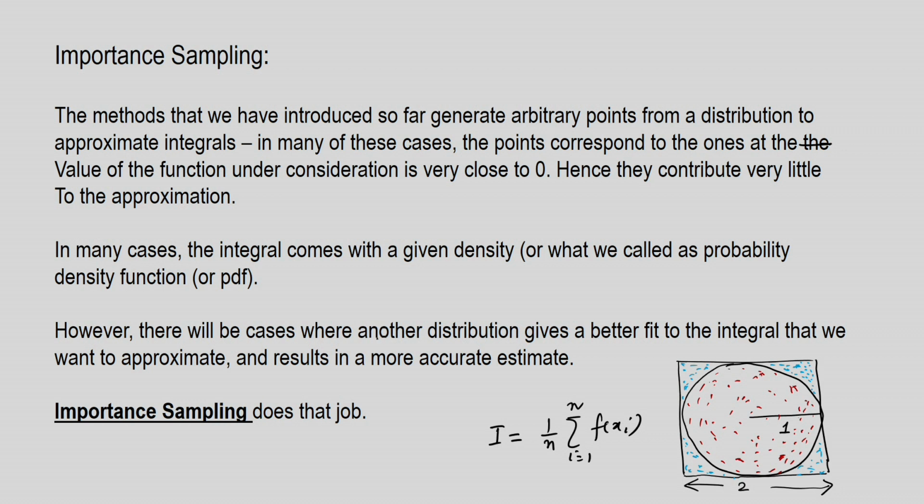We have to look for this other distribution, and this is what is done in importance sampling. This other distribution is the important distribution, which provides a better estimate of the integral. Let us see how to go about it, and then we will give an example which will make things clearer.